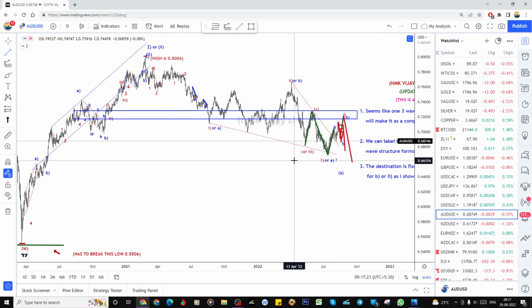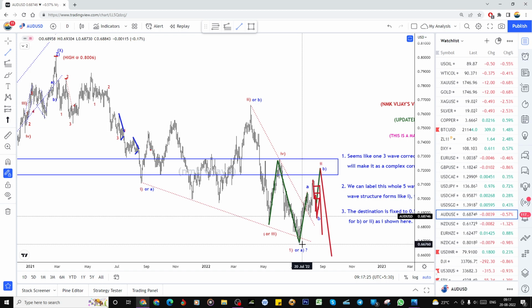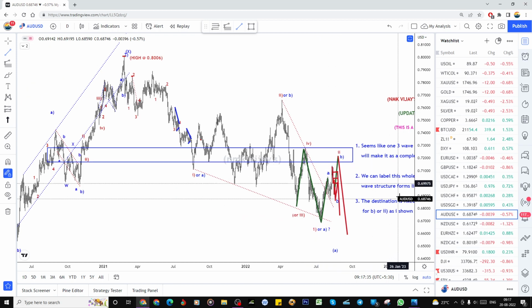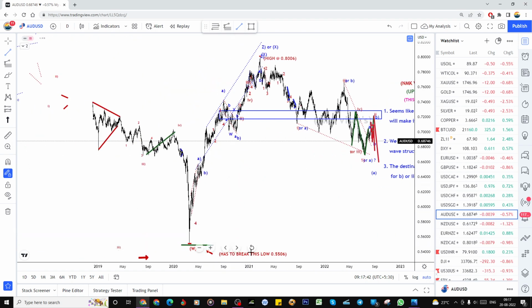So whether A has completed, or this is A, B, C as wave 1 and beyond that the second wave. If this is the triangle, then this could be the B also, because 1, 2, 3, 4, 5. So this could be B and C to the downside to break this low.